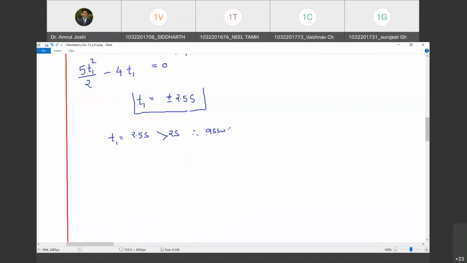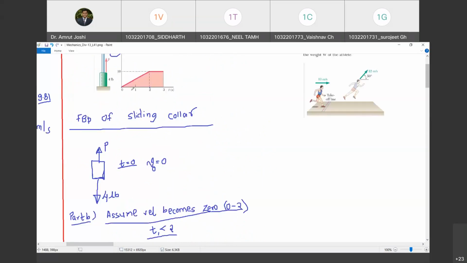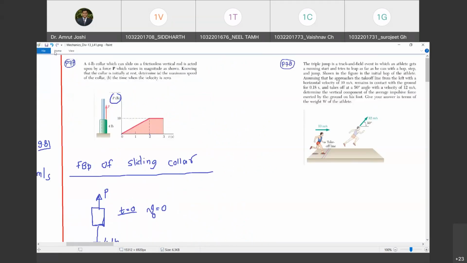Assumption that velocity becomes 0 somewhere between 0 to 2 seconds is wrong. Are you with me? Yes, sir. So velocity must be becoming 0 somewhere outside 2 seconds. So between 2 to 3 seconds. Are you with me? Yes, sir.